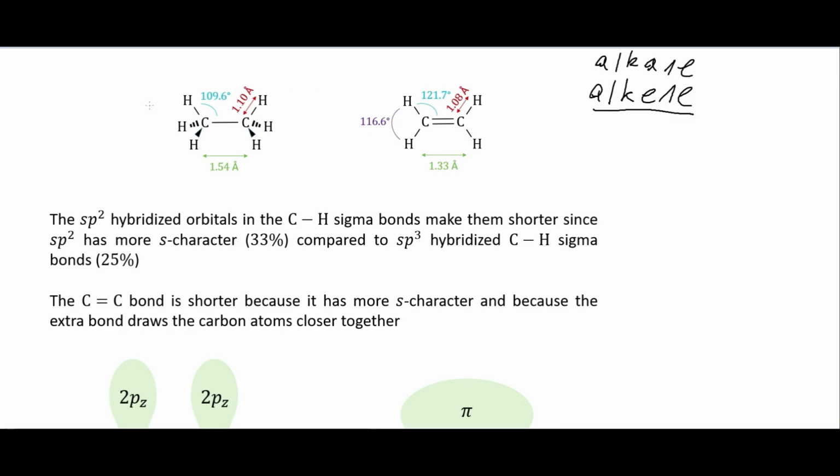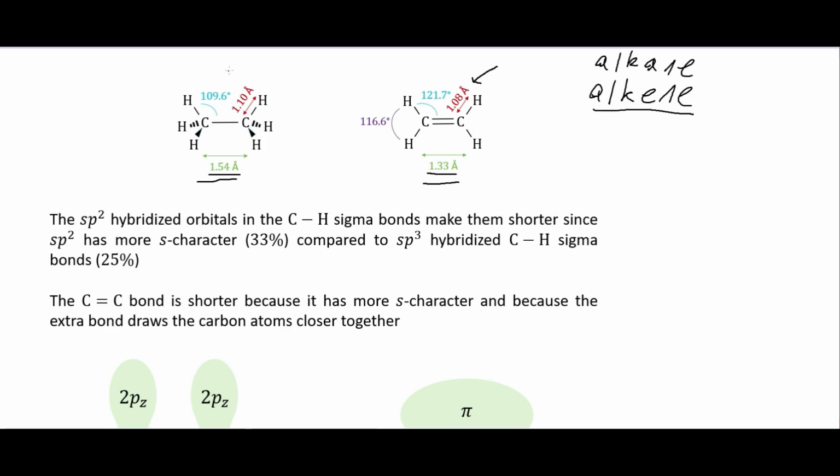And so the first thing to look at is just the difference between a single bond between carbons and a double bond between carbons. The first thing to notice is that the single bond has 1.54 angstroms here, where this is 1.33. So the double bond is significantly shorter than the single bond. We also have in the double bond that our hydrogen to carbon bond here is a little bit shorter as well.